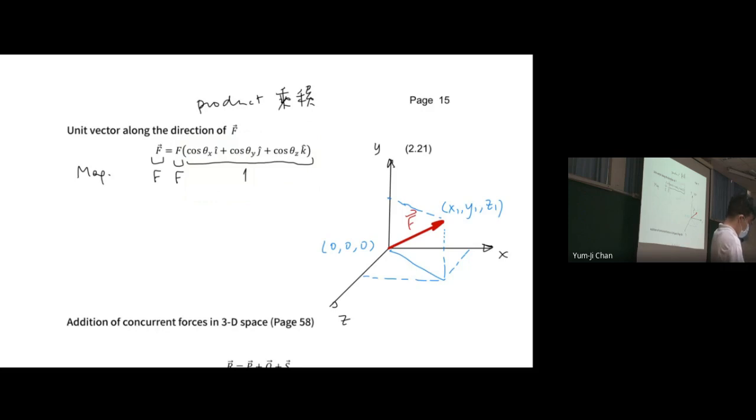So the magnitude of this part is equal to 1. We learned if a vector has the length of 1, what is it called? This one is called a unit vector, in the direction of F.